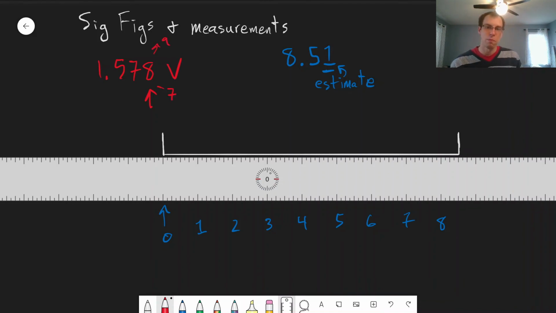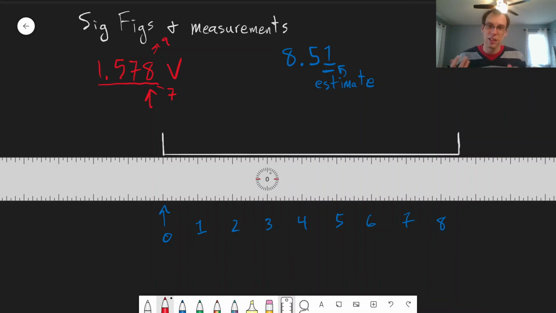This would be our first uncertain digit. This would be our last significant digit. So we would record this number as 1.57, and we have to estimate, does it spend more time on 7, 8, or 9? Maybe it spends about equal in all those, so we average and say, okay, it's about 8. So that would determine that we would write this down to 4 significant digits.